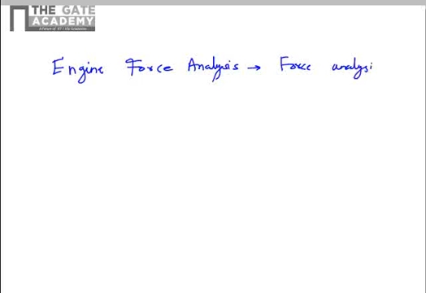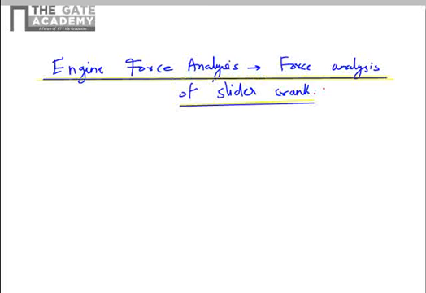Now we move on to the next topic in the dynamic analysis of slider crank mechanism, that is engine force analysis, which is force analysis of slider crank. So the slider crank mechanism is used in an IC engine.